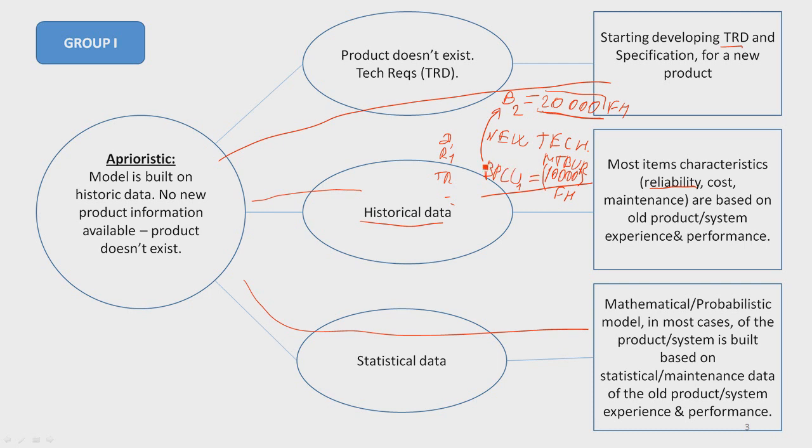And appropriately, and I think this is clear, if we have new technology, then all models, especially from a reliability perspective, reliability models, they won't work. They simply won't work. Okay?